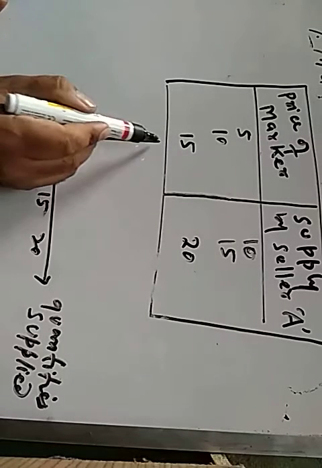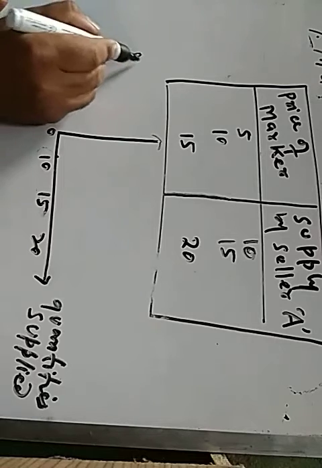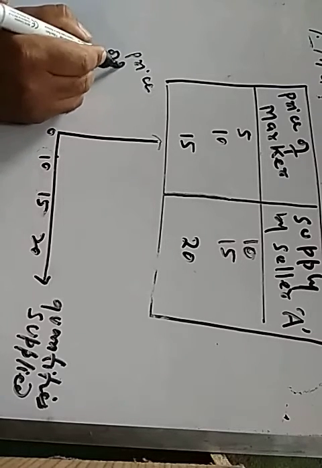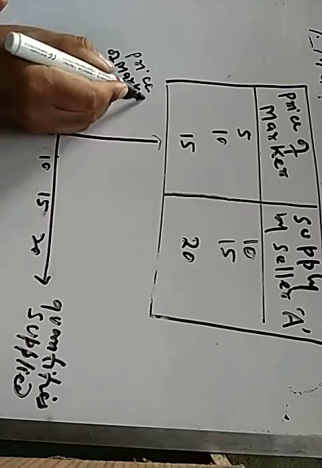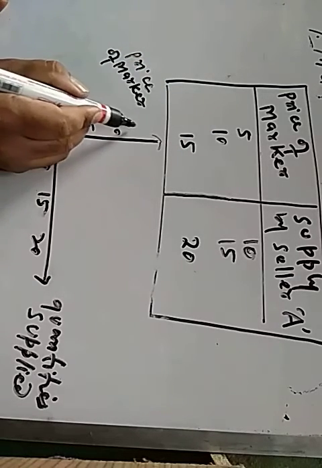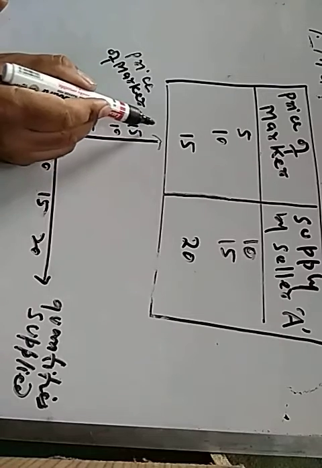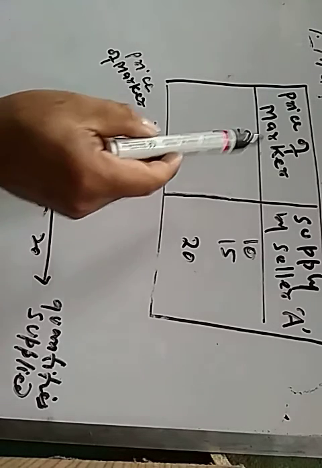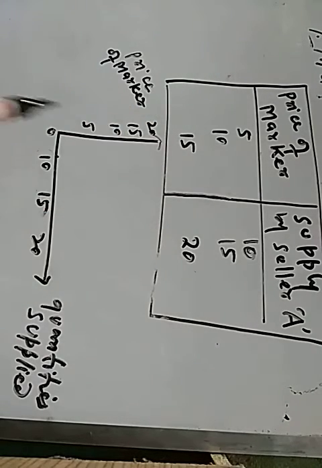And on the vertical axis we take price of the commodity marker, which is 5, 10, 15, 20 and so on. In our example, the price is from 5 rupees to 15 rupees and the supply is from 10 to 20 units.